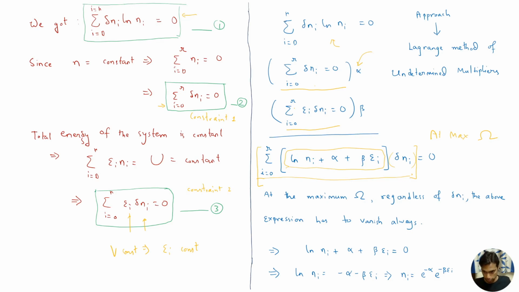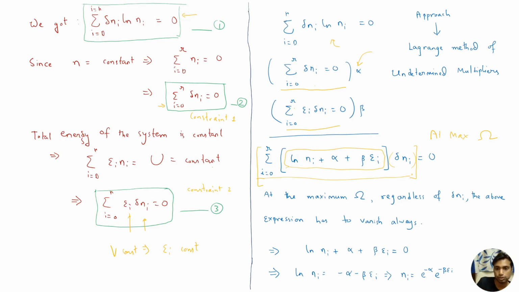What are the Lagrange multipliers here? The Lagrange multipliers are alpha and beta. Okay, got it.